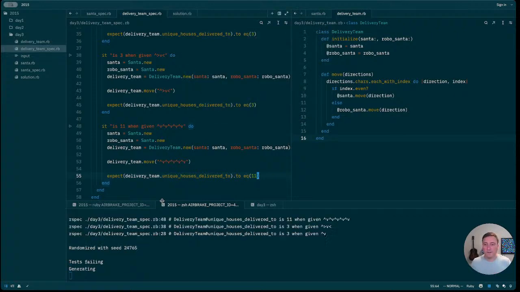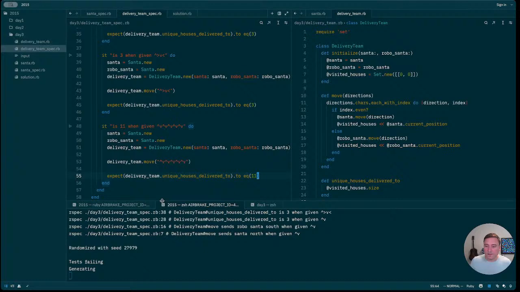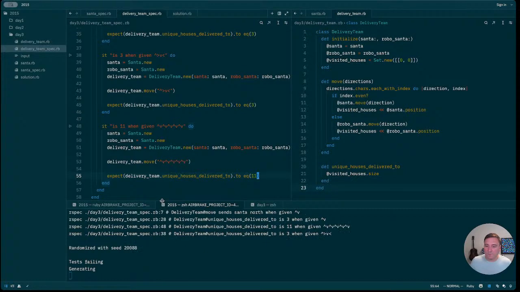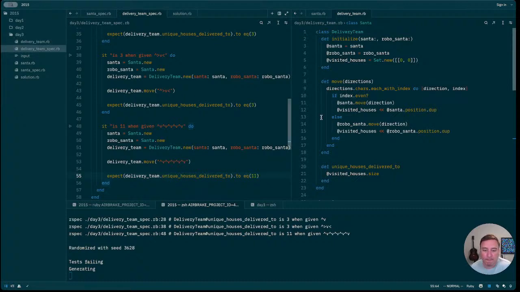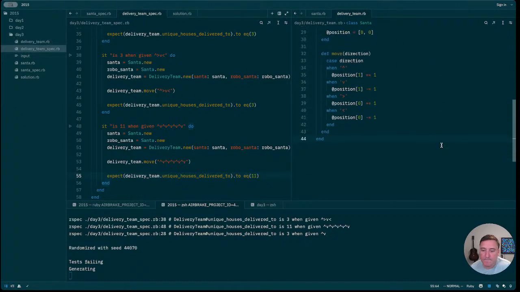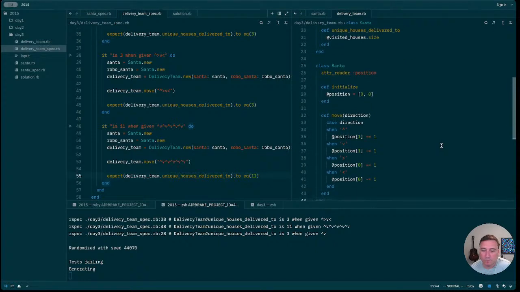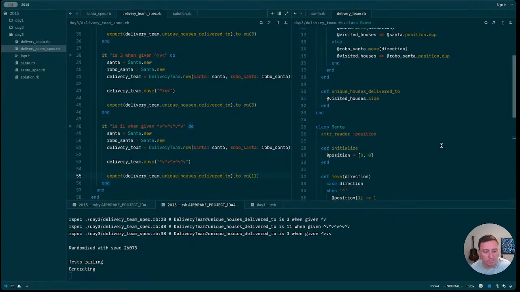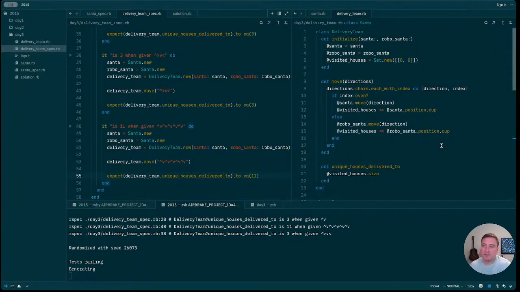And save. And so we've got a few failing tests now. It looks like it's doing something else here. Tests are still failing.